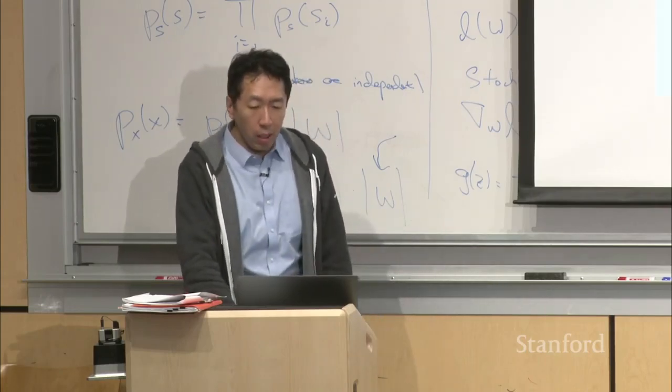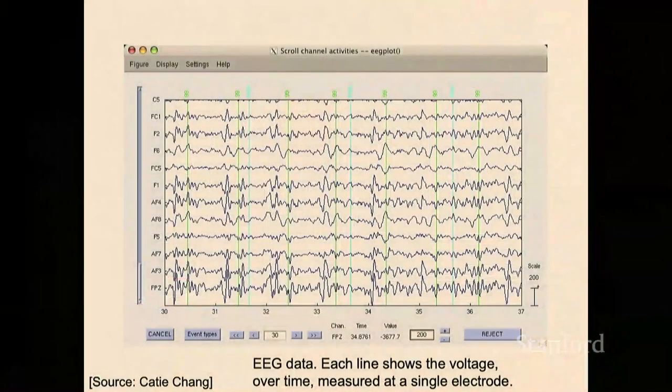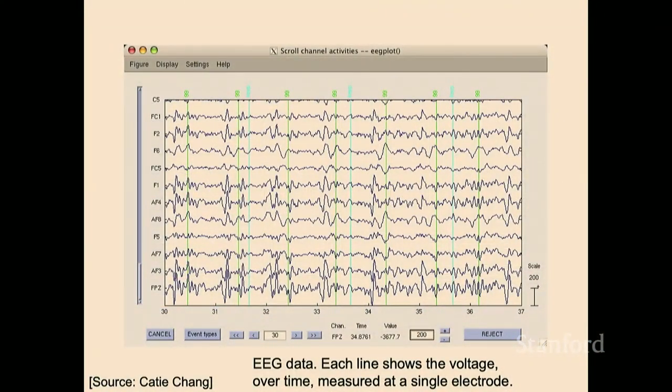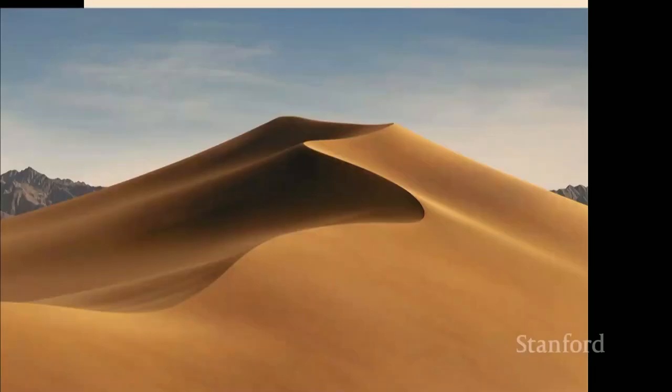Zooming into the EEG plot, each line is a voltage measured at a single electrode on your scalp. And these signals are quite correlated. When there's a massive voice in your brain shouting, like, beat your heart or blink your eyes, that signal can go to all of the different electrodes, which is why you can see these artifacts reflected in all of these electrodes.